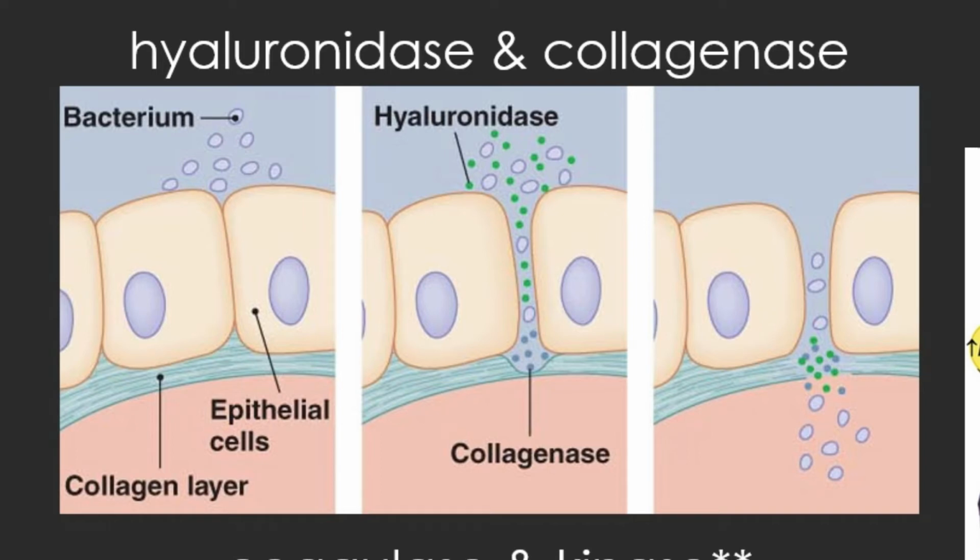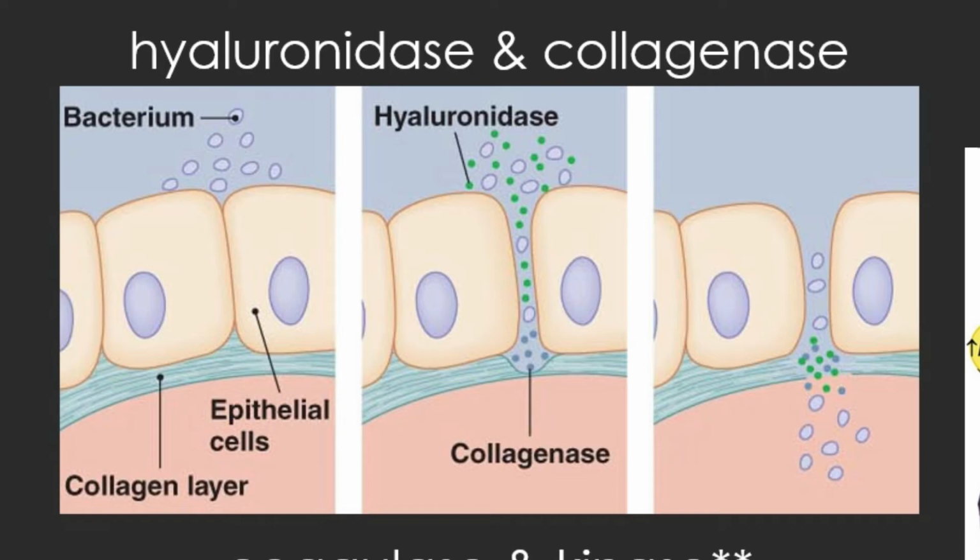So if you have an enzyme-producing bacterium that is capable of producing hyaluronidase because it has the gene for hyaluronidase, that hyaluronidase will be excreted by the bacterium as an exoenzyme, and it will digest the hyaluronic acid and allow it to penetrate the epithelium, getting through that first and primary layer of the body's defenses. Some cells further invade the body by producing collagenase that allows them to digest the collagen and get into the lower layers of the skin.